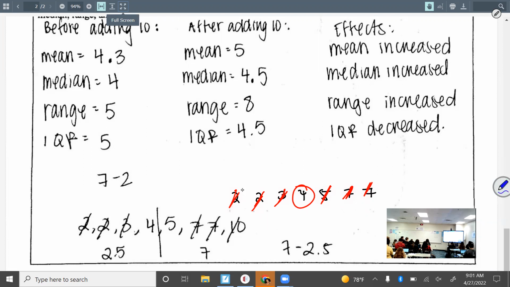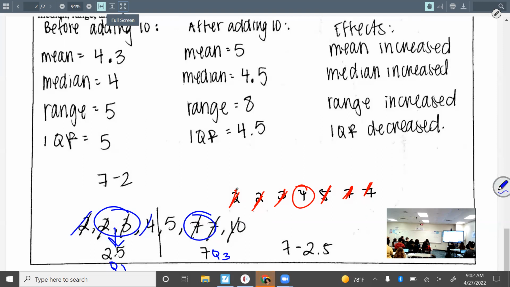When my median is in between the 2 numbers, remember that you cross out the middle number, and you'll have to take the average of these for your Q1. Same thing over here. Take the average of the 2 7s, you get 7 for your Q3.